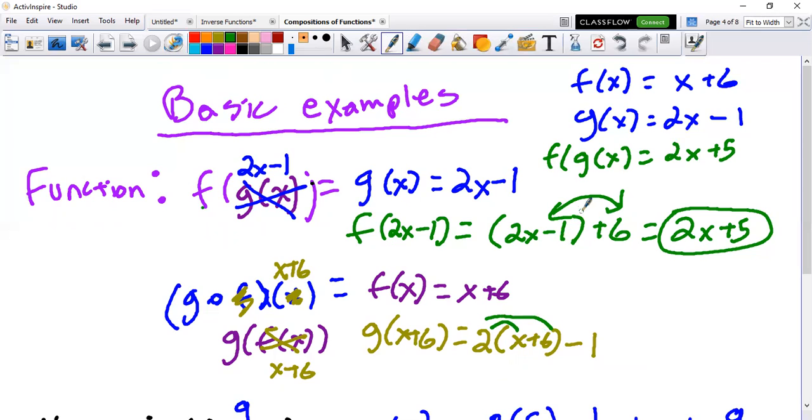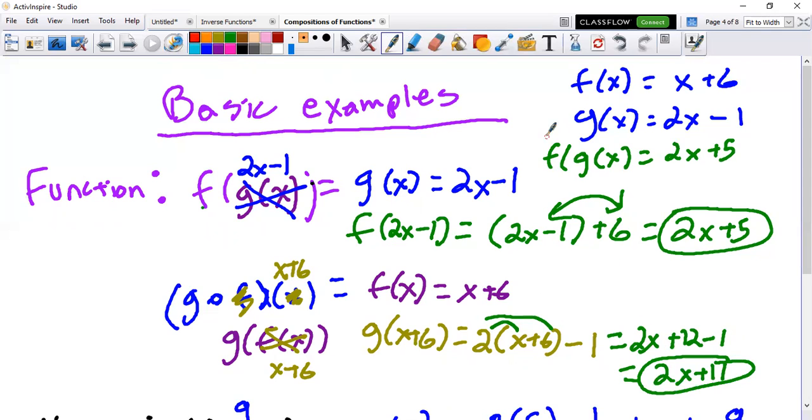Up here I was just combining like terms, but this is where you have to realize what you're doing mathematically. So 2 times x is 2x, 2 times 6 is 12. I still have the -1 on the back end. Combine like terms, 12 minus 1 is 11. So 2x plus 11 would be my answer for this one.